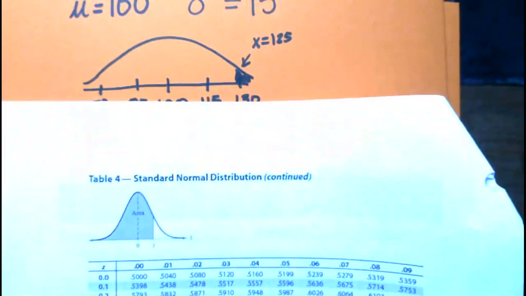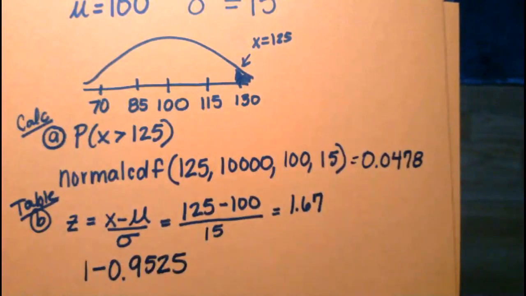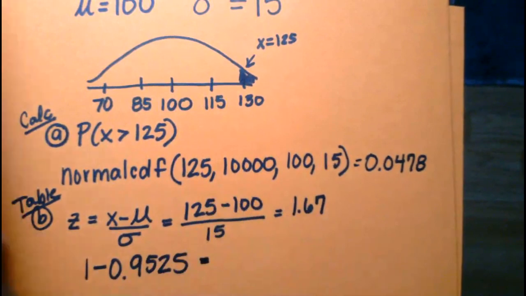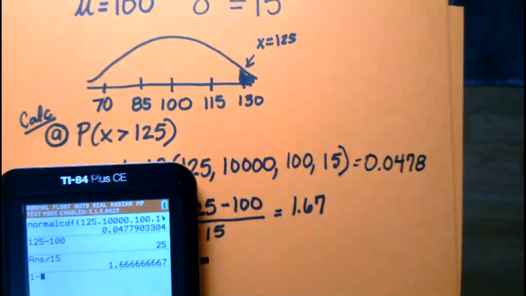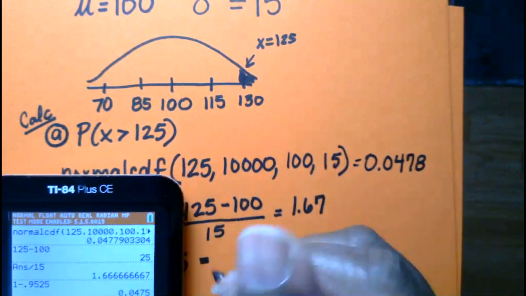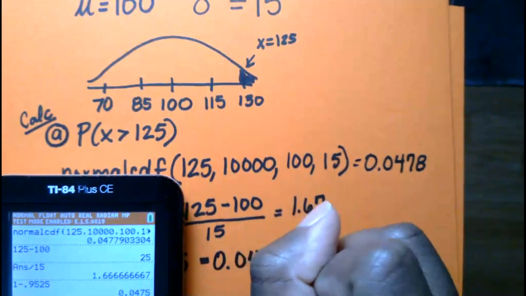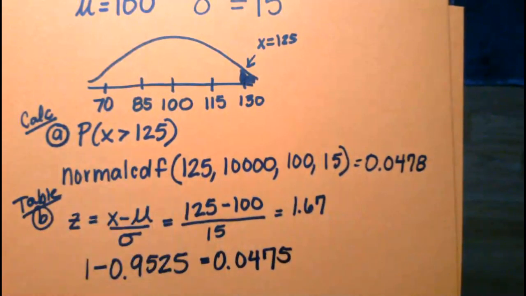Again, my graphs aren't shaded in the same direction. So that prompts me to do 1 minus 0.9525. So slightly different answer.